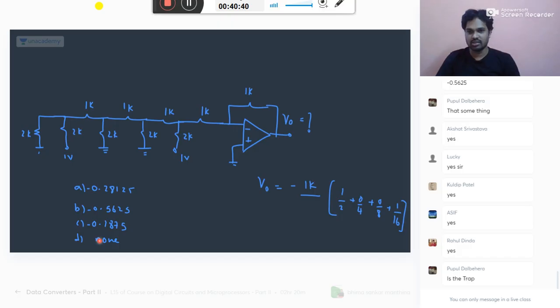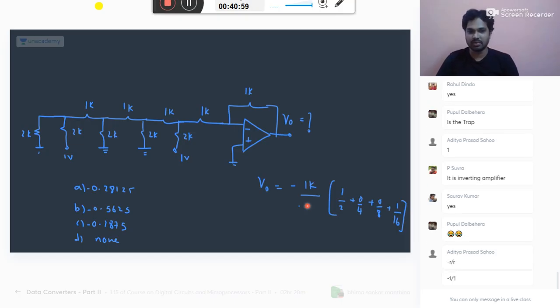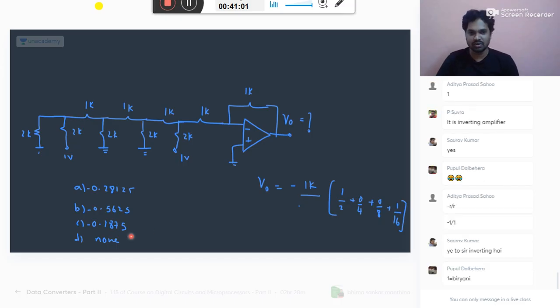So according to Aditya, what do I need to keep? Please tell me. You asked me to check it, so please tell me. Why 1, Aditya? No, that is a blind way to do the question. That is wrong. Actually, I made a calculation mistake, but B is not the right answer.